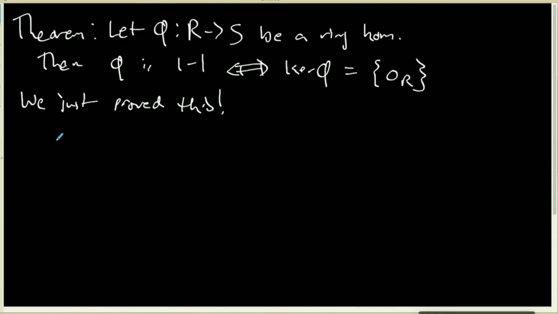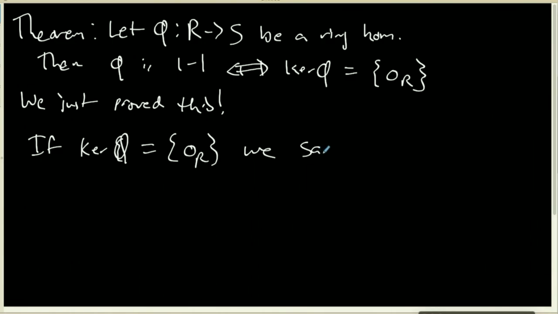Now, there's some vocabulary that I want to talk about for just a bit, and I also want to talk about the significance of this theorem. The first thing is if the kernel of a ring homomorphism consists of nothing but the zero element, we say that the kernel of phi is trivial.